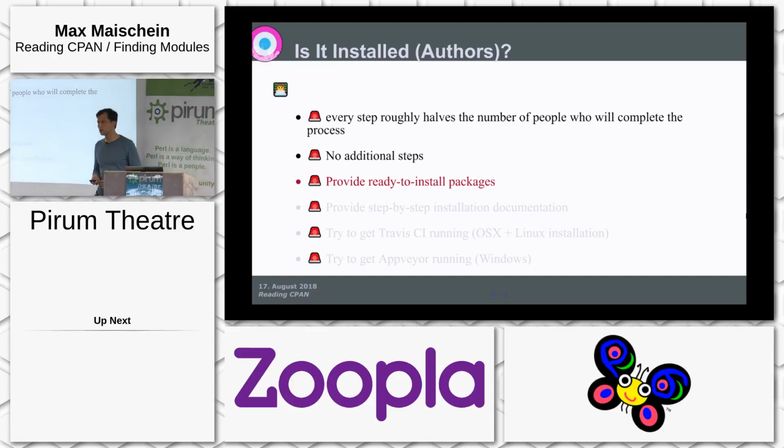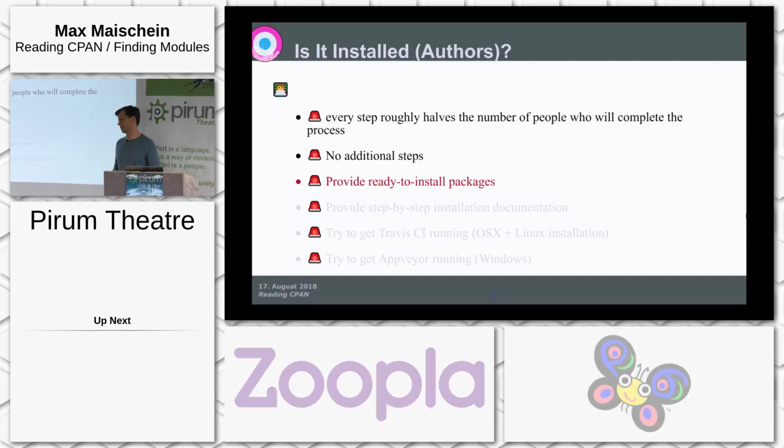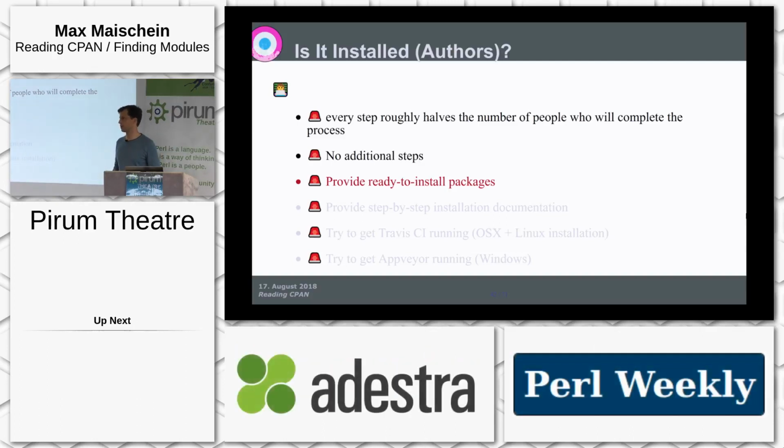Ideally, you also provide ready-to-install packages, especially if the CPAN module has outside dependencies like on a C library, then the package for your CPAN module can also list the outside C library as a prerequisite.